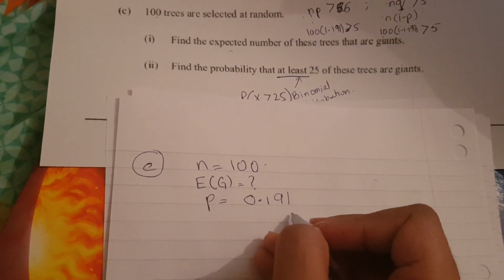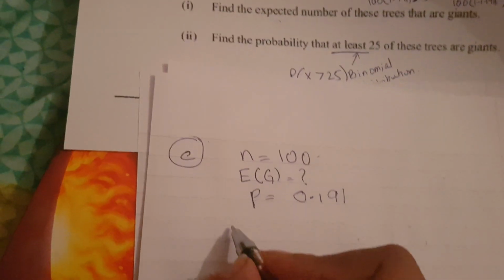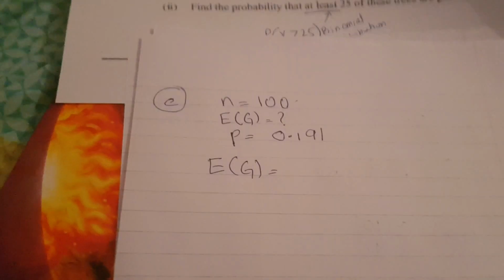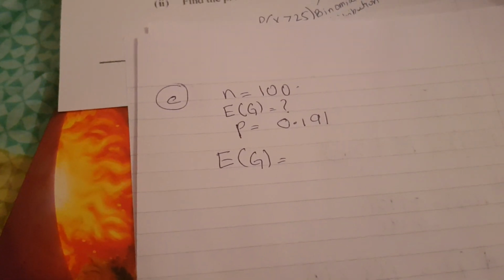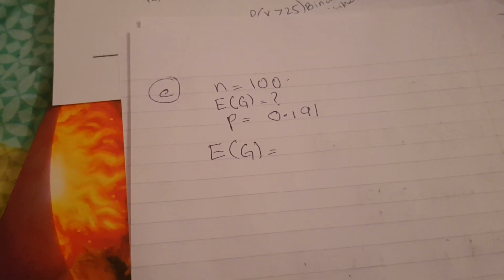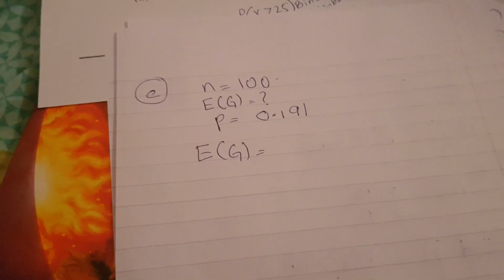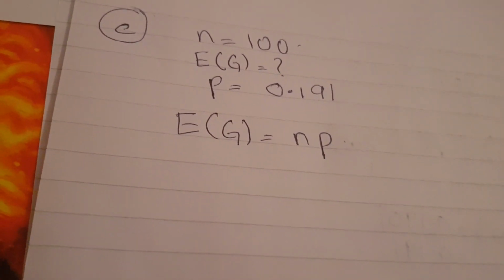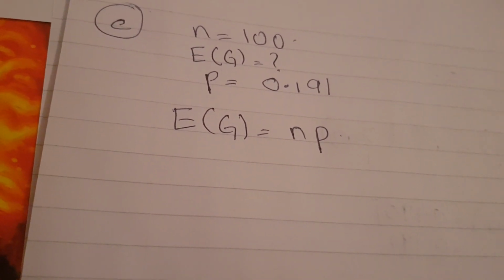0.191. Okay. What is the formula of expectation? Whether it's expected value or expected number, for normal distribution or for binomial distribution, it's the same. It's NP. N is the total number of selections, whereas P is the probability of that particular thing that is asked.